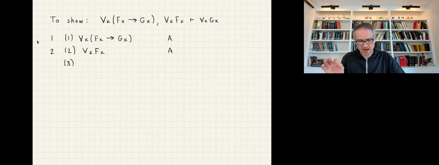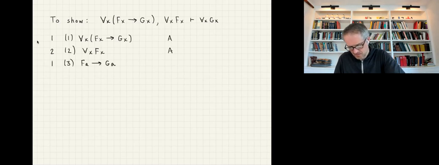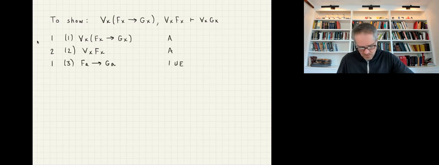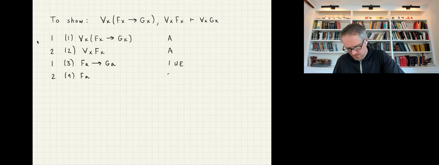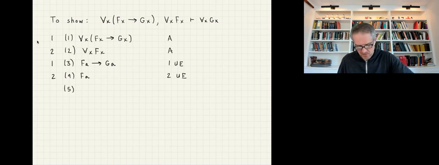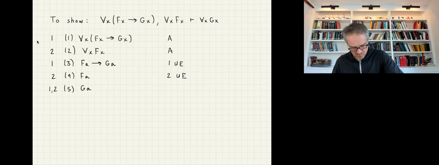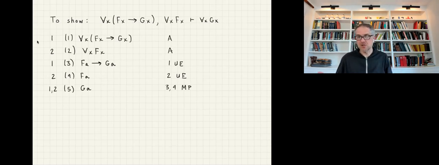So I pick an arbitrary thing a from line 1. I know that if a is F, then a is G. From line 2, I know that a is F. Right? a is this arbitrary thing. It's F. Then I can use modus ponens. And now finally I have a is G. And now checking back, look at the dependencies.